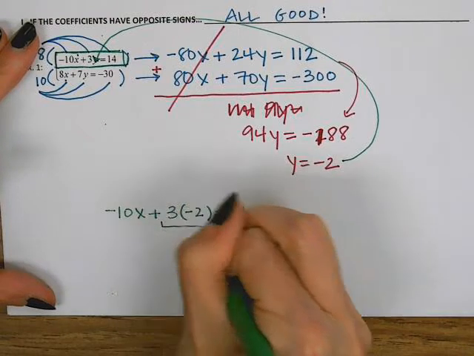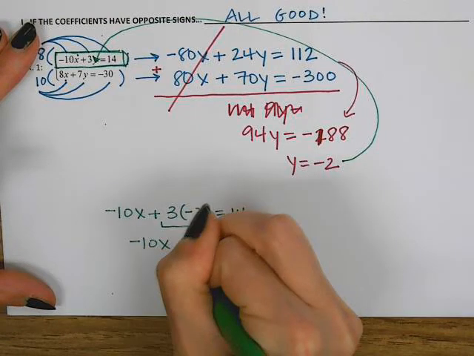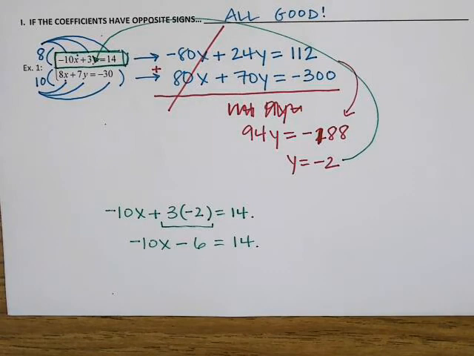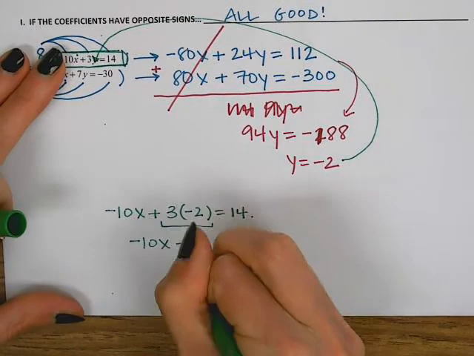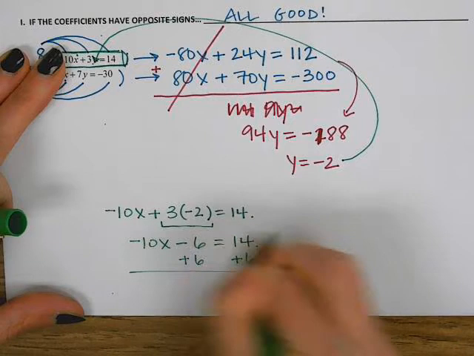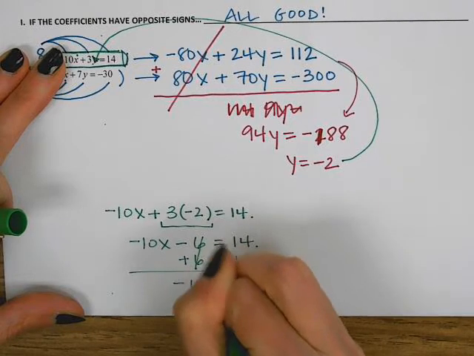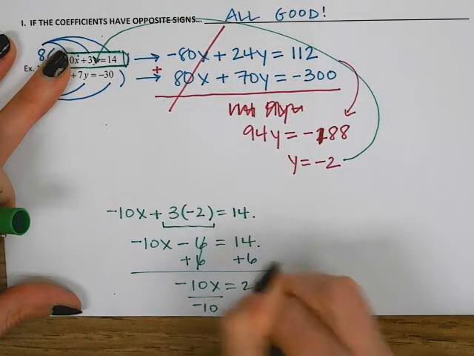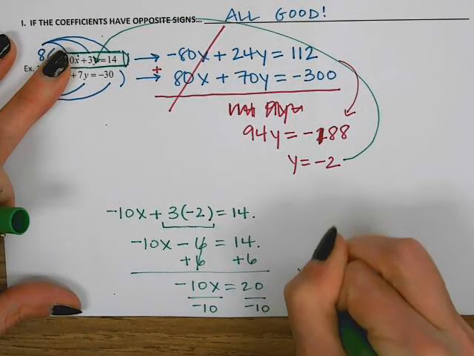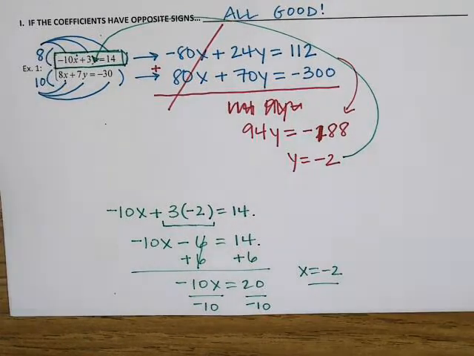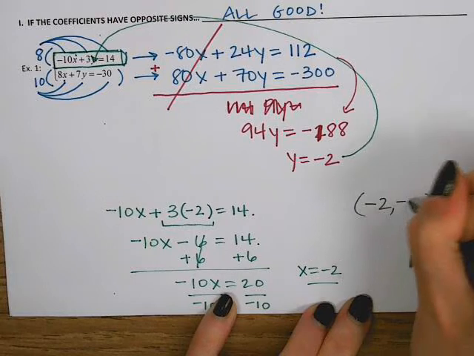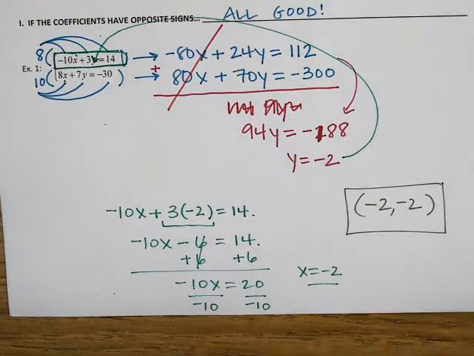So 3 times negative 2 is negative 6. Then we add 6, and we get negative 10x equals 20. So divide by negative 10, divide by negative 10. x is going to be negative 2. And the final answer as an xy ordered pair is negative 2, comma, negative 2.